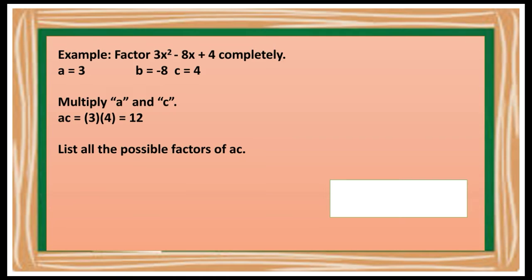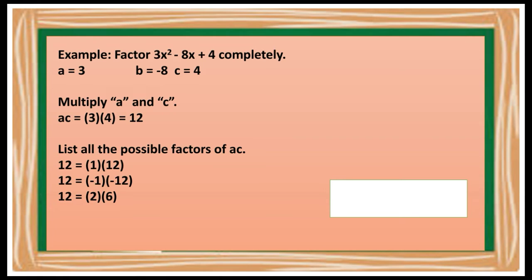The next step is to get the possible factors of your ac. Here, your ac is 12. The factors of 12 are 1 and 12, or negative 1 times negative 12.